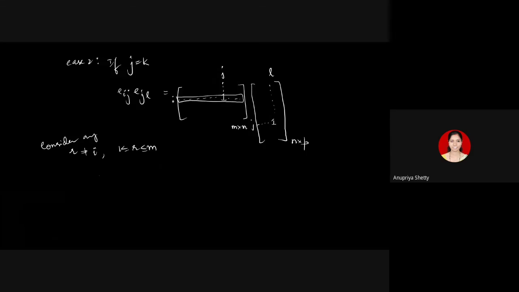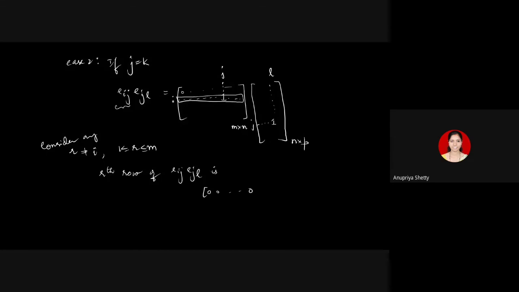Consider any r, then what is the rth row of the product? How do I get the rth row of the product if r is different from i? I have to take that row and multiply with the entire matrix. And what is the rth row of this first matrix? If I know that r is different from i, each of the other rows is 0.